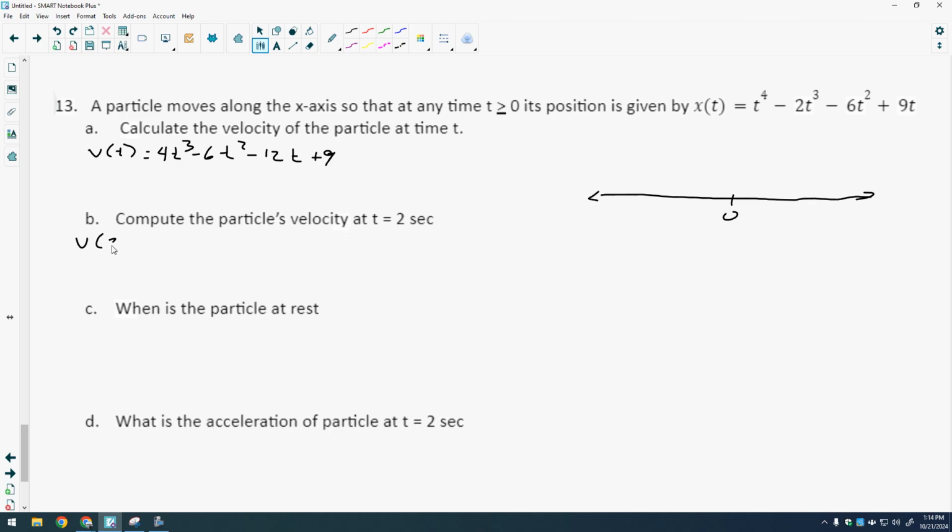Let's use good notation. So v of 2 equals 2 cubed is 8 times 4 is 32, 2 squared is 4 times 6 is 24, 2 times 12 is also 24, plus 9.